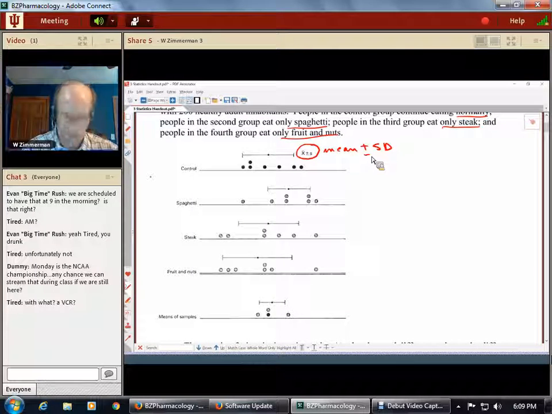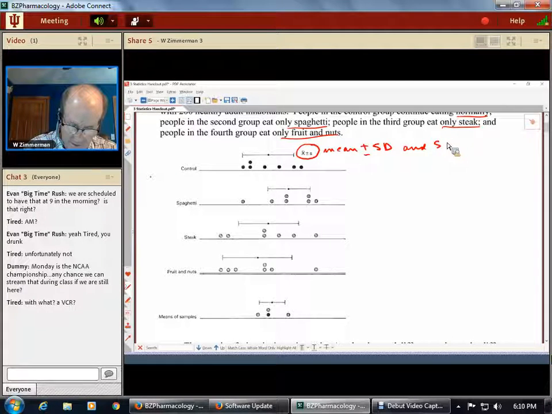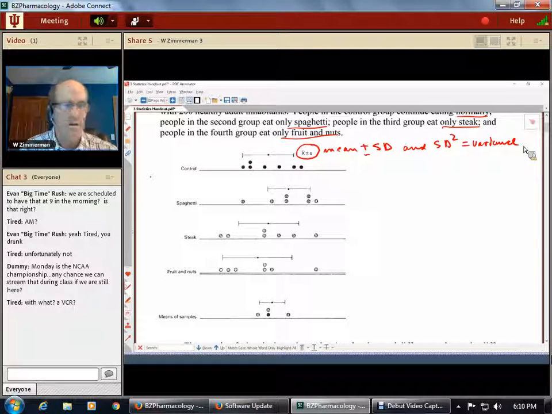And keep in mind, standard deviation squared equals variance. That was from probably the first page of the handout last week. Also keep in mind that standard deviation is not affected by sample size.